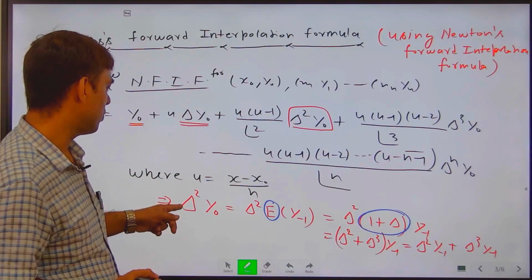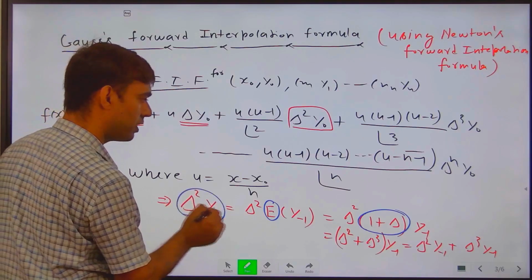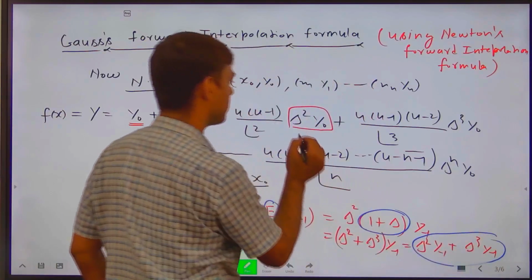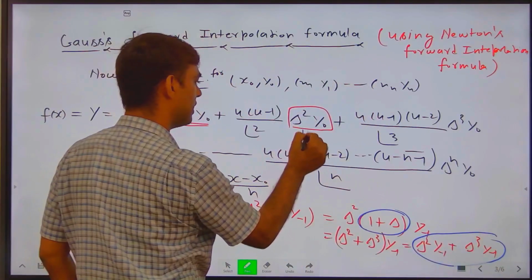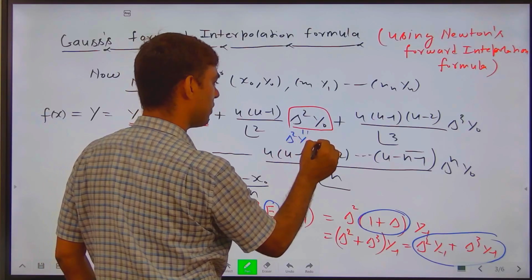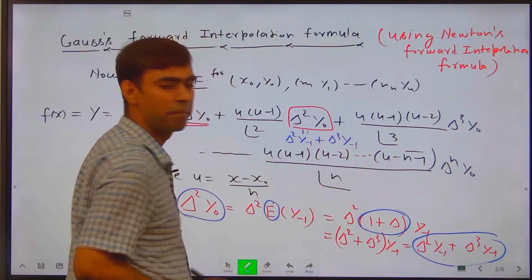So now in place of del 2 y0, we may write del 2 y minus 1 plus del 3 y minus 1.